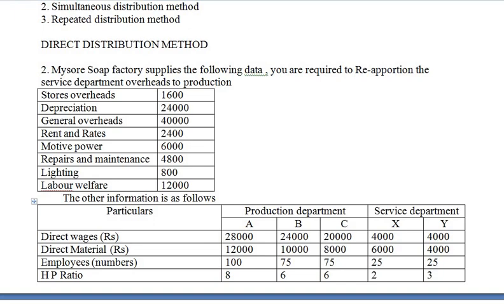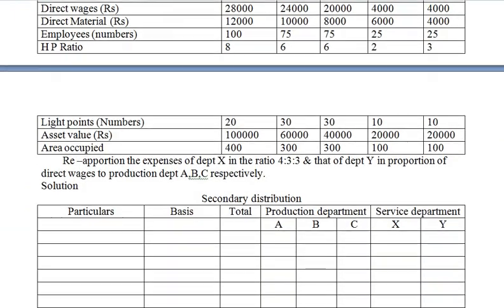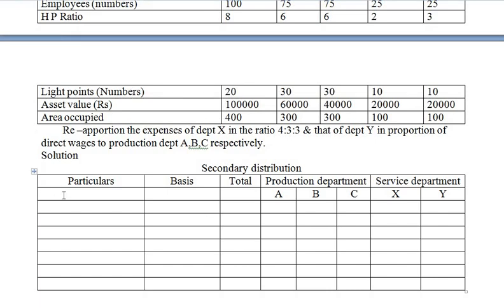Stores overheads is 1600. So here you can write stores overheads. Total they have given is 1600.